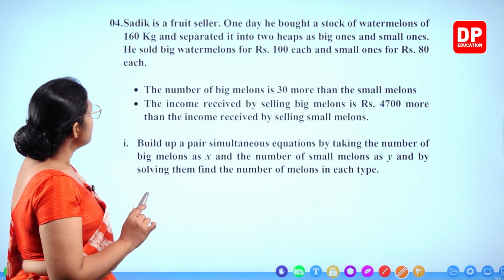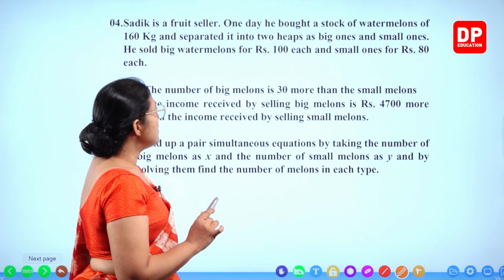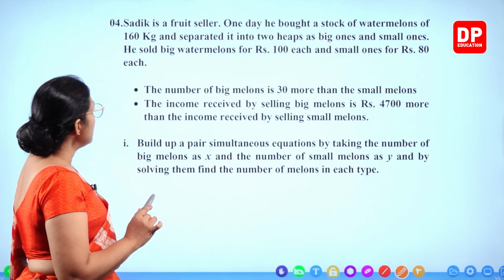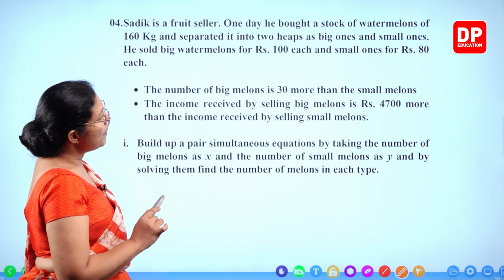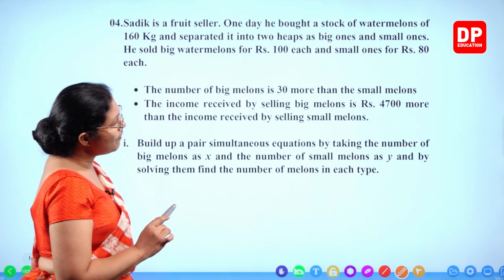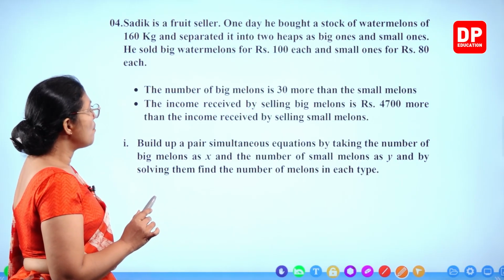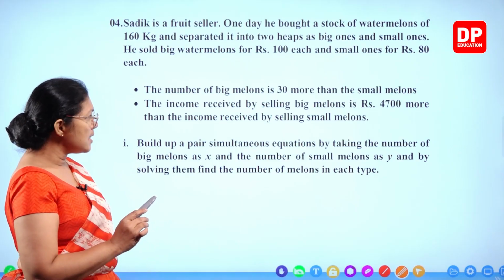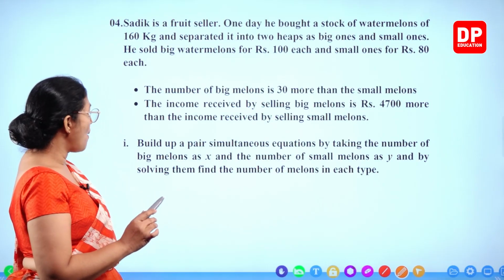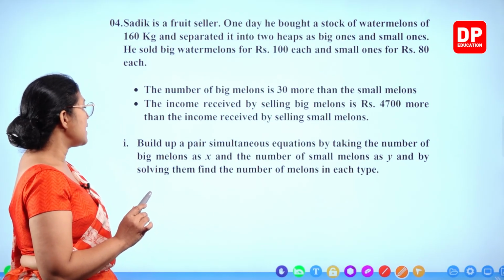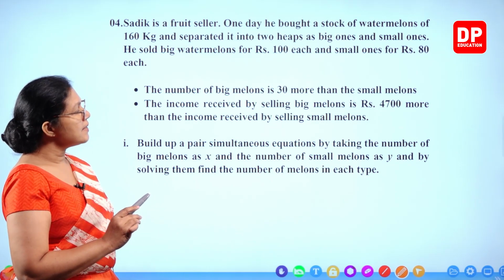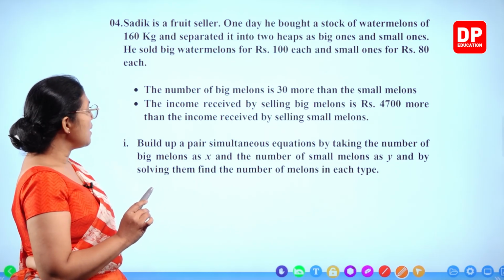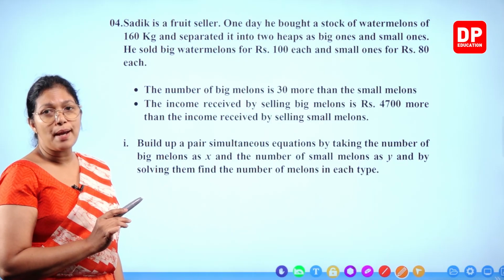The number of big melons is 30 more than the small melons. The income received by selling big melons is 4,700 more than the income received by selling small melons. Build up a pair of simultaneous equations by taking the number of big melons as x and the number of small melons as y, and by solving them find the number of melons in each type.